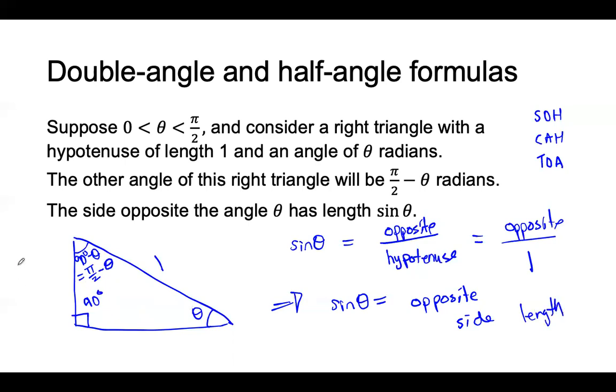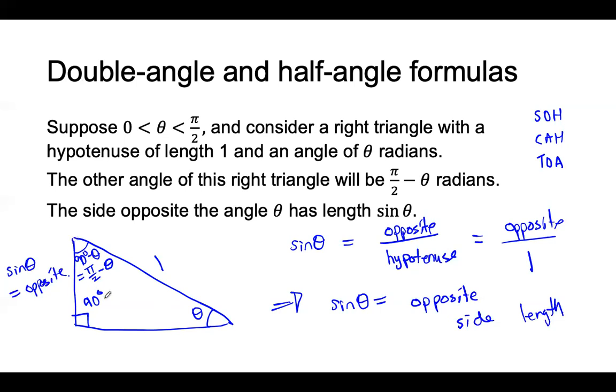So we can label this: sine of theta is equal to our opposite. It depends on how you draw your triangle and set this all up, but let's suppose this is the way you drew it.